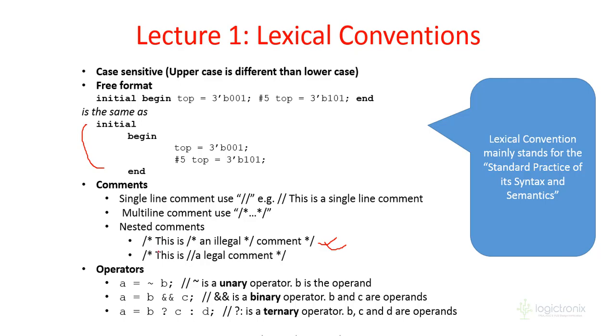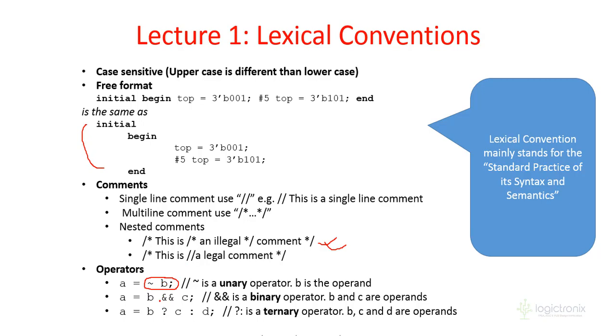Another is operators. Operators can be basically of three types: unary, binary and ternary. A unary operator needs just a single operand. Here we can see this tilde sign is a unary operator with a single operand.